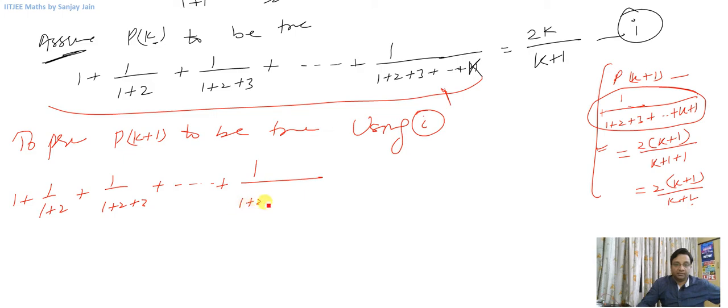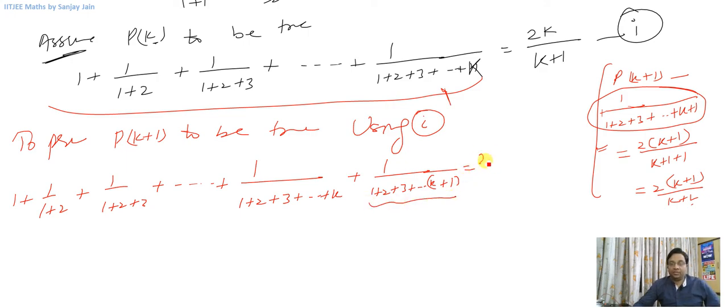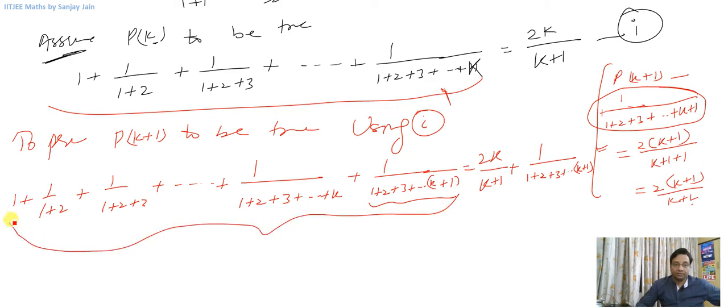The kth term will be 1 plus 2 plus 3 plus up to k, and then the k plus 1th term will be 1 plus 2 plus 3 plus up to k plus 1, right? And on the right hand side also I'll have to add the same thing. So let me do that. 2k over k plus 1 plus 1 over 1 plus 2 plus 3 plus up to k plus 1. Now this is the left hand side that I require. This is the left hand side of my P of k plus 1.